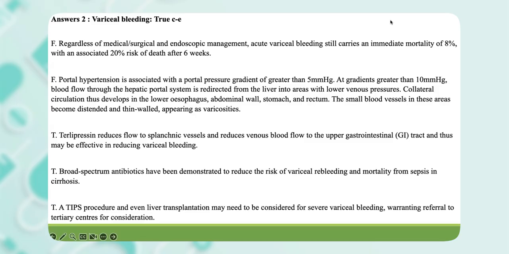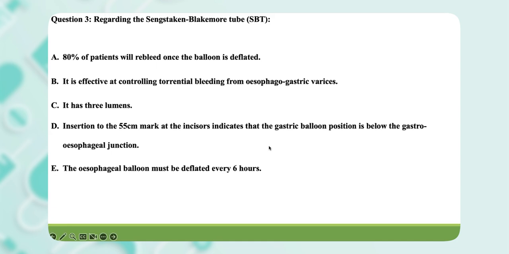Terlipressin reduces splanchnic flow and venous congestion, and therefore it reduces the bleeding. Broad spectrum antibiotic reduces rebleeding and mortality in a cirrhosis case, and TIPS procedure or even liver transplant may need to be considered in severe variceal bleeding. If it is due to variceal bleeding, then TIPS will help to reduce the mortality.